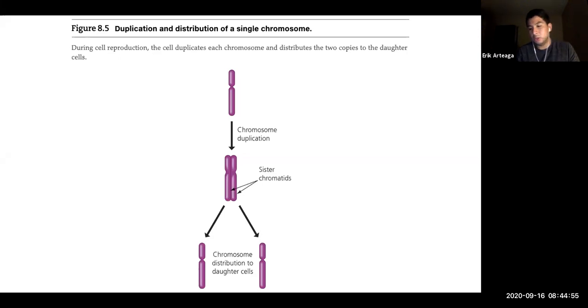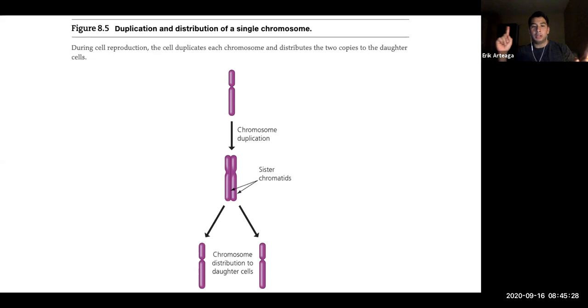Think of just the human model for the majority of this. I won't use a dog or a bison or anything like that. I'll be mainly referring to human chromosome counts. So the 46 different chromosomes are the individual chromosomes that you get from your mom and your dad. Whenever we talk about 23 homologous pairs, you get one from your mom, one from your dad that are similar to each other.